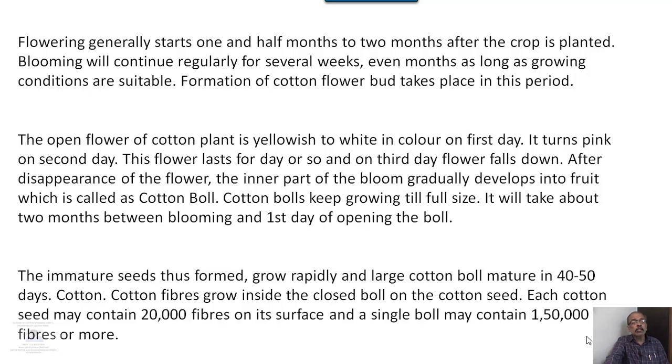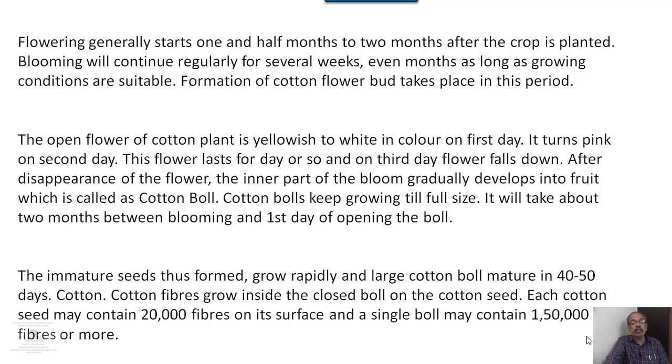This will occur within 1 or 2 months. The immature seeds are formed further in these bolls. They grow rapidly, and then this process takes 40 to 50 days, as I have stated earlier. And then the fibers will start growing on each seed.